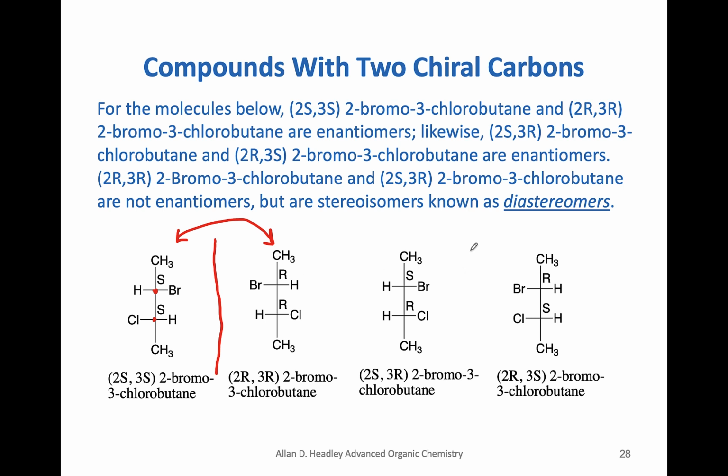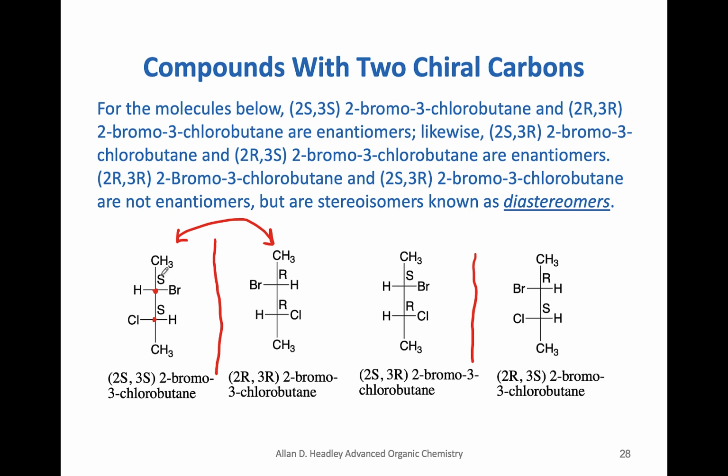Let's look at these molecules here. These two. Here's a mirror. So this is the mirror image of this molecule, and they are enantiomers because they are mirror images and they're non-superimposable.